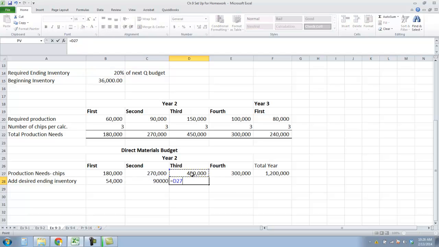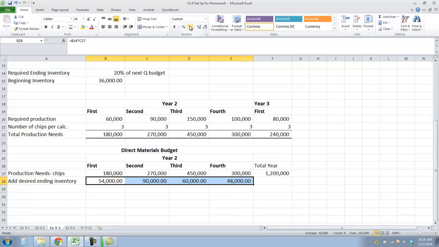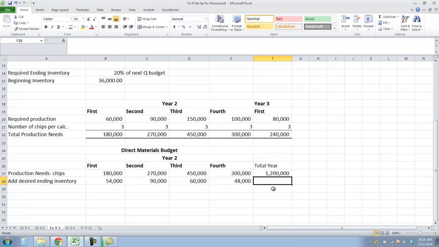In the third quarter, it would be 20% of fourth quarter budget. In the fourth quarter, it would be 20% of the first quarter budget for year 3. And our desired ending inventory for the year would be quarter 4, 48,000.